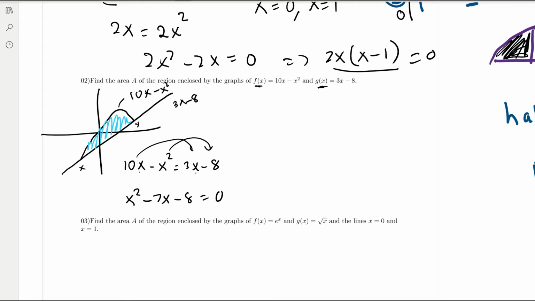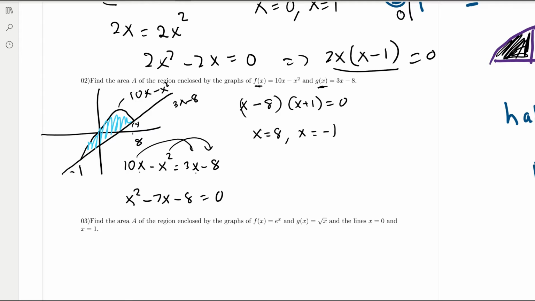Now I'm going to factor this. If I factor this, I get (x minus 8)(x plus 1). So that means x is equal to 8 and x is equal to negative 1 is where these two functions meet. This left point is negative 1, the right point here is 8.